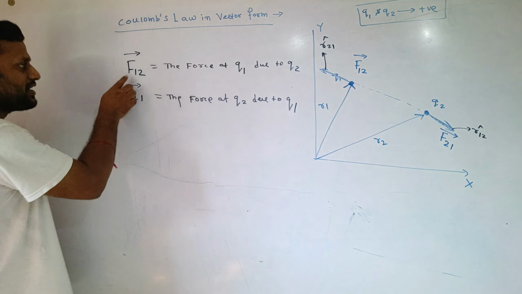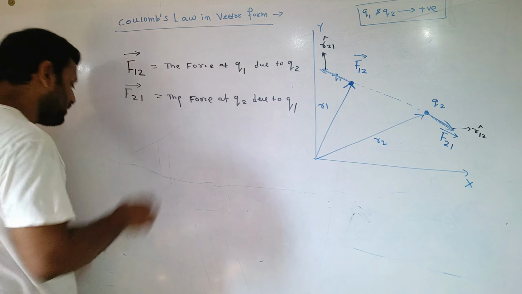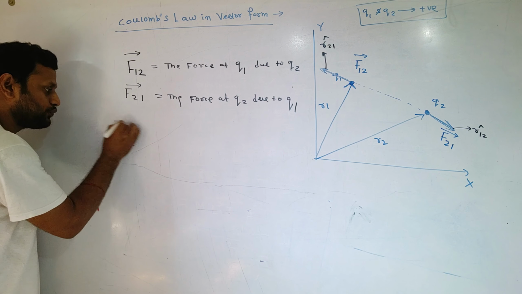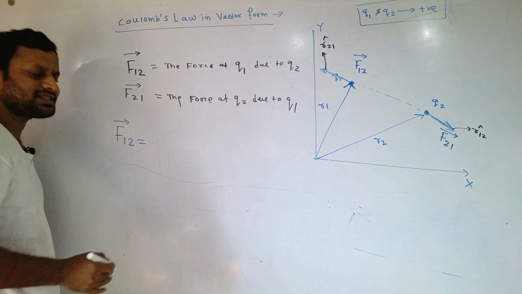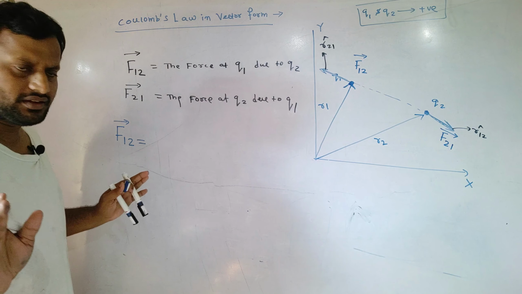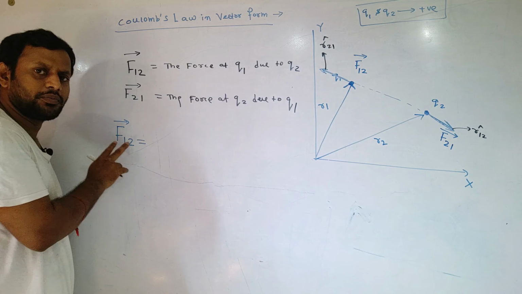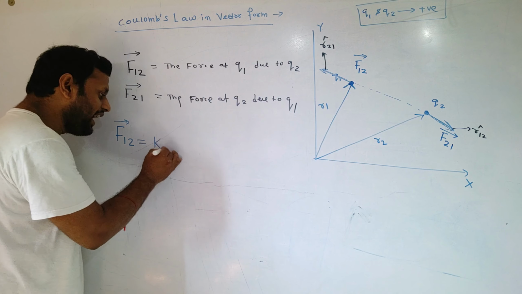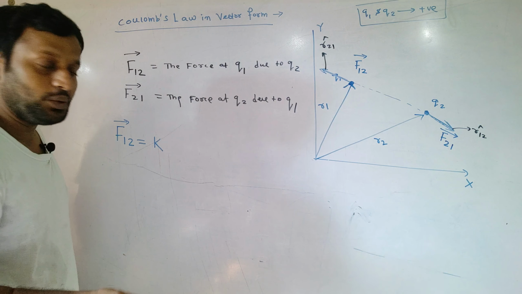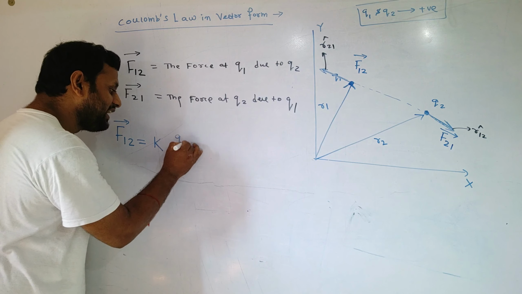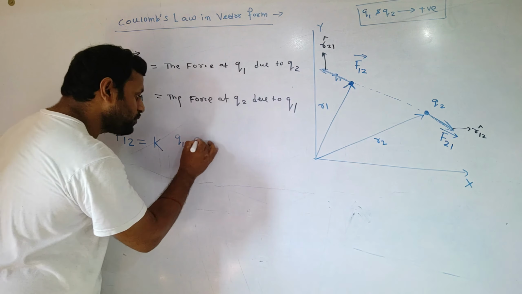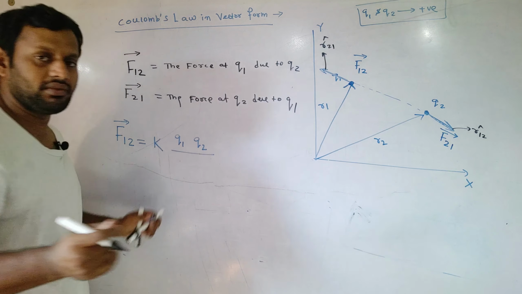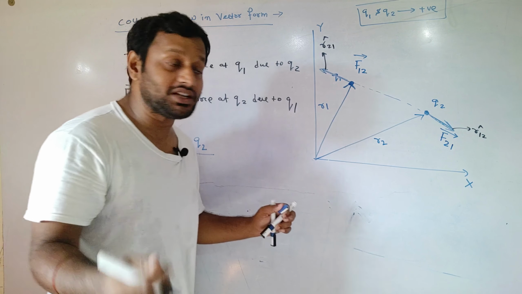Right now we are discussing F12 first. F12, the force of attraction or repulsion between two charged bodies, is equal to K q1 q2 divided by the square of the distance between them.